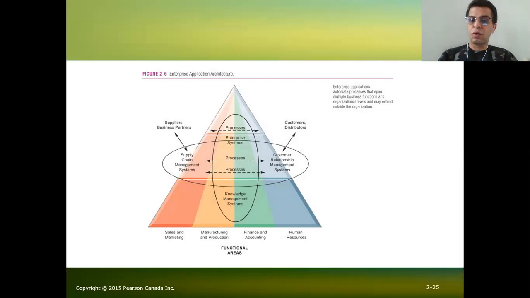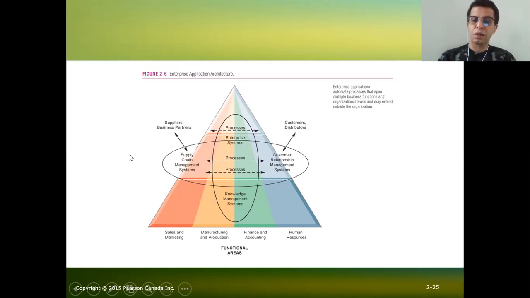I'm not going to go into detail with this, but this is how the enterprise applications look and how they work. Very quickly, the functional areas: we have sales and marketing, manufacturing and production, finance and accounting, and human resources. We have the CRM system, and in the back end, we have the supply chain system.